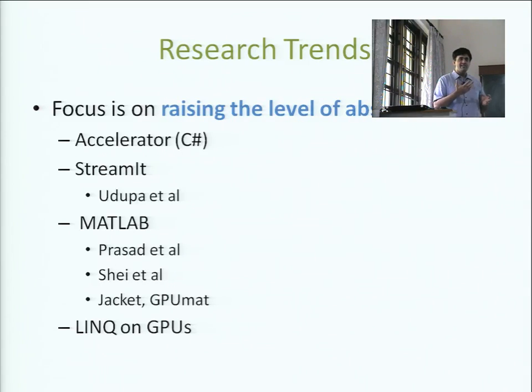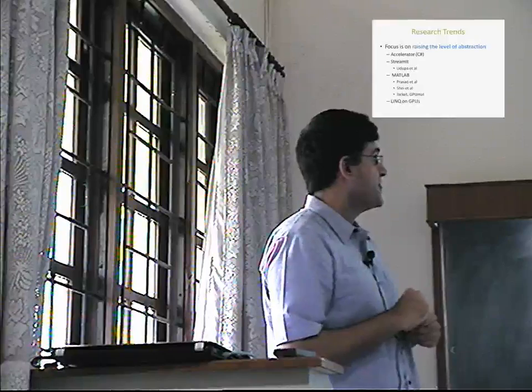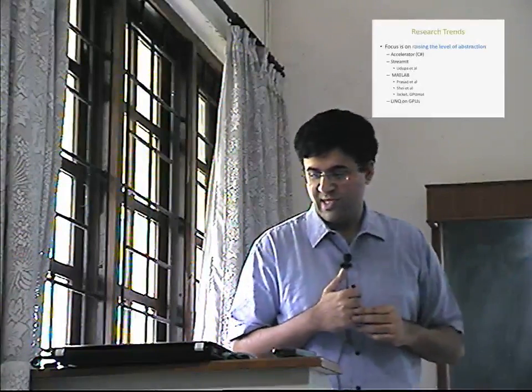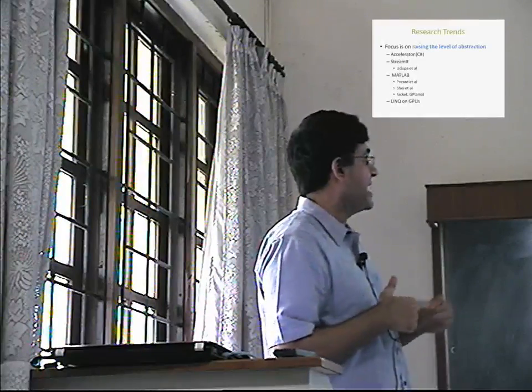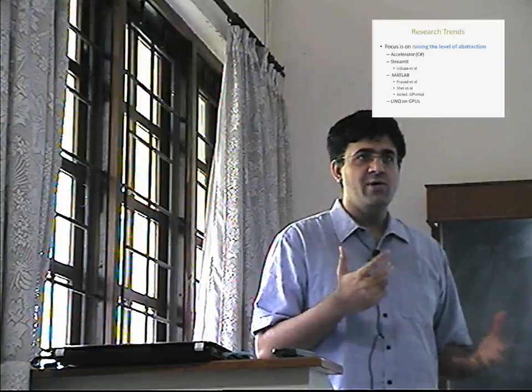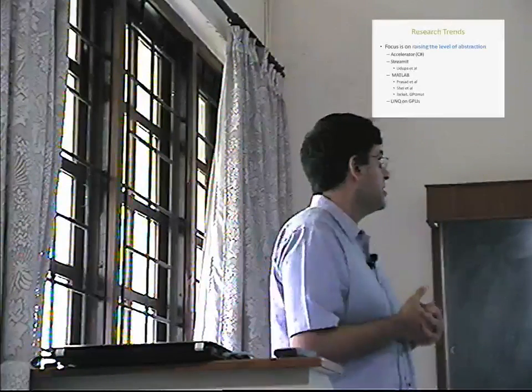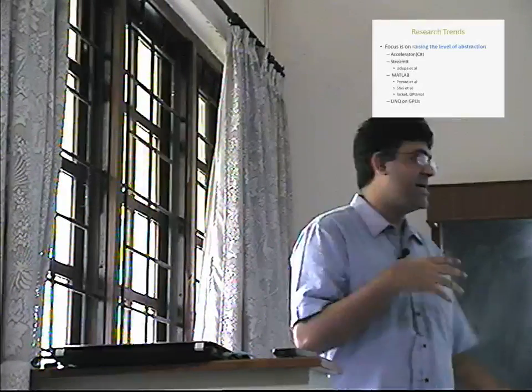So the idea is that you don't want to be writing at that low level that I showed you, but at a higher level, like do this matrix multiplication, and not saying how you do the matrix multiplication, right? So these are some projects that have been done to raise this level of abstraction. Accelerator was one of the older ones, and that focused on how to directly use the GPU from C#. StreamIt is a data flow language, and there was work done on how to compile that down to GPUs.